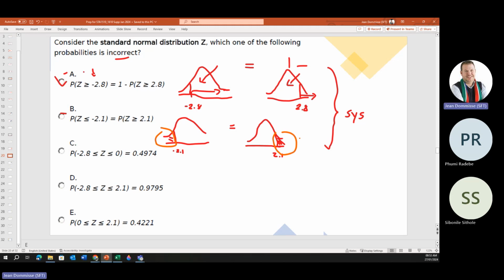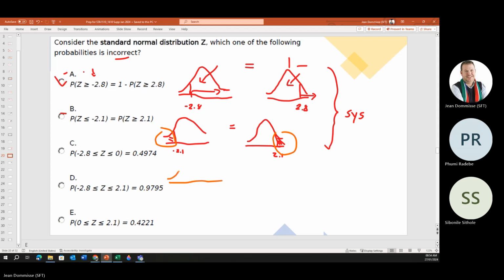Okay, so that's purely out of the definition, out of the symmetry around the mean, but you can also go and look at your Z tables, and you will get the same values. Okay, so let's look at the next one.